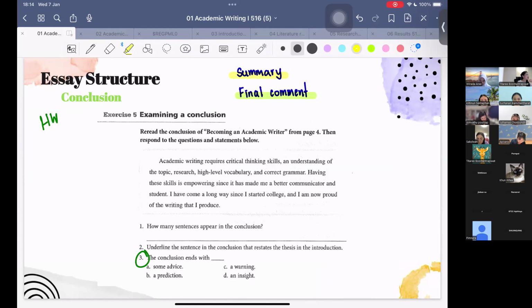Let's see whether the one that you choose is correct or not. Let's take a quick read and see your answers for number 3.